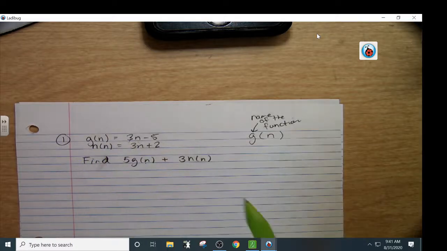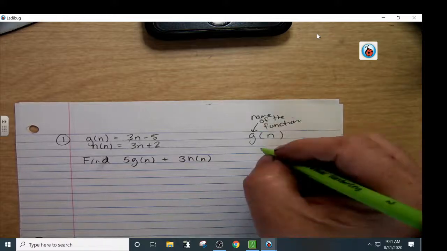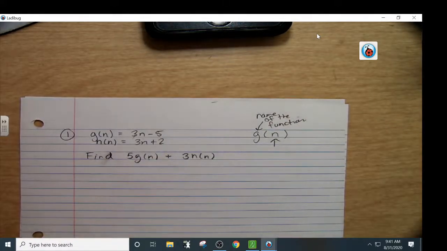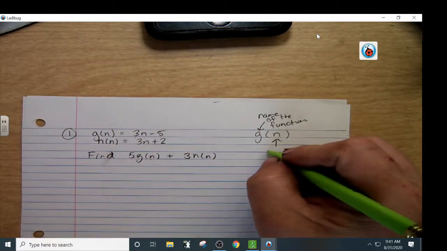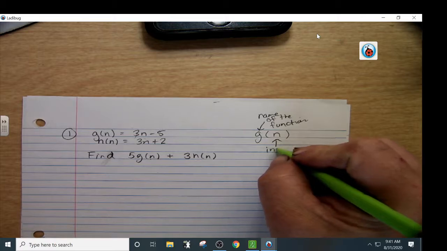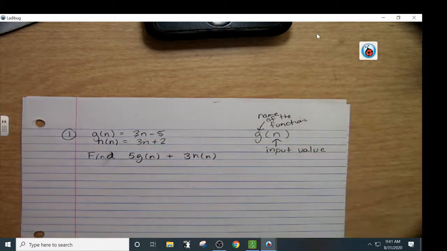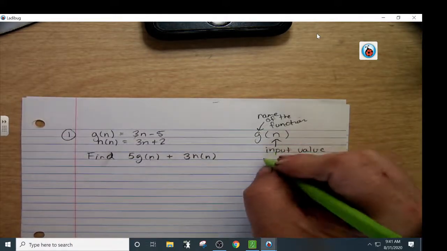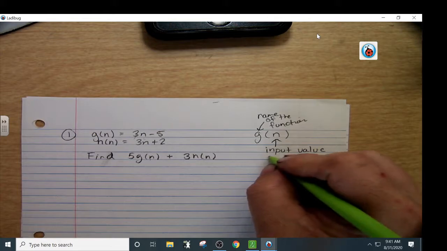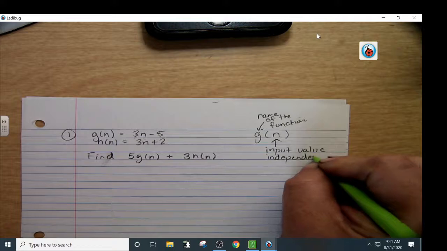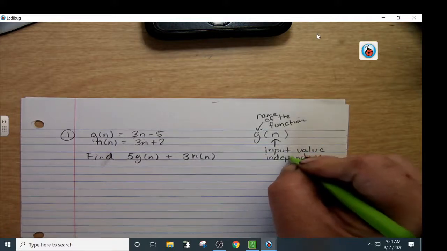Now, the letter that's in the parentheses, that's your input value. That's what's being inputted. That's also known as your independent variable.